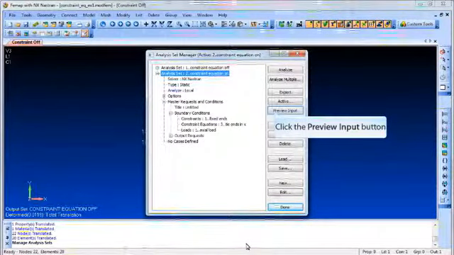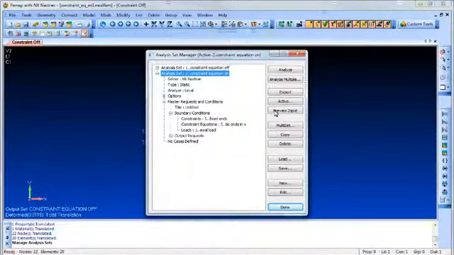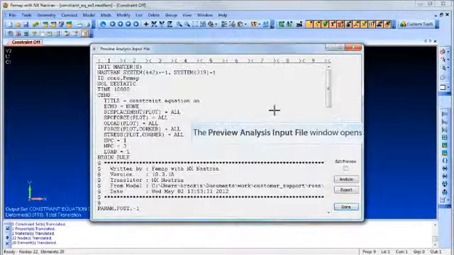Now let us look at the Nastran input file that is created by selecting the Preview Input button.